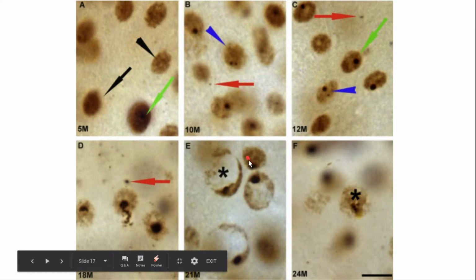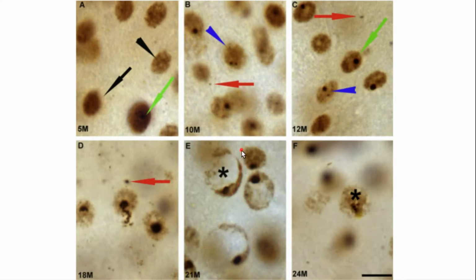You see that Huntingtin is almost moving around the edges of the nucleus. And so the initial sites of aggregate formation are in the nucleus, and this is preceded by the aberrant accumulation of diffusely staining Huntingtin protein. So normally Huntingtin is diffusely staining.